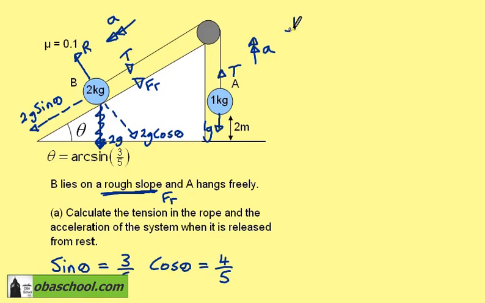If we now consider the forces perpendicular to the plane, we have the R and this component of the weight. Since the acceleration is parallel to the surface, these forces must be equal. So R must be equal to 2G cos theta. And of course we know the value of cos theta.